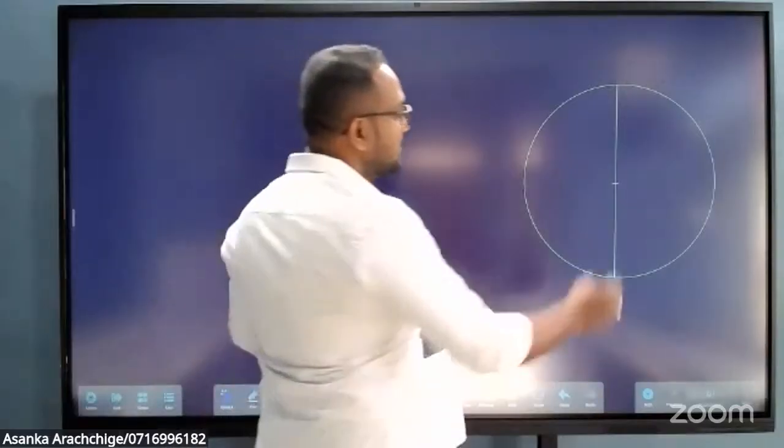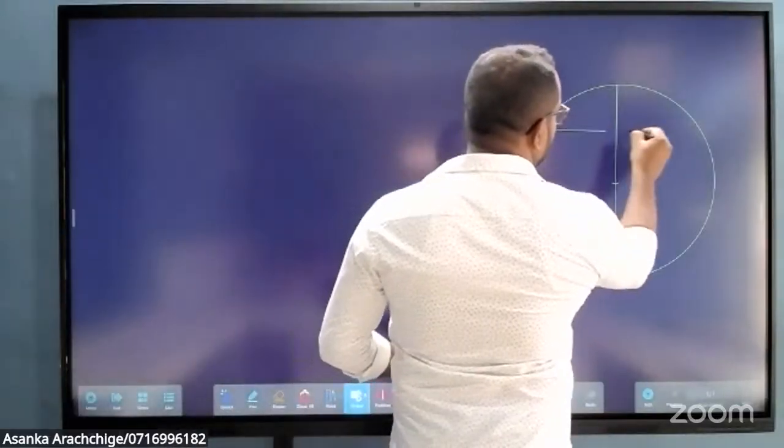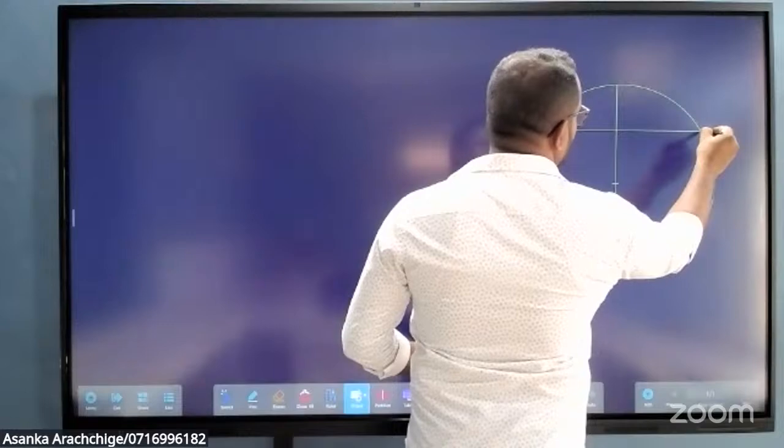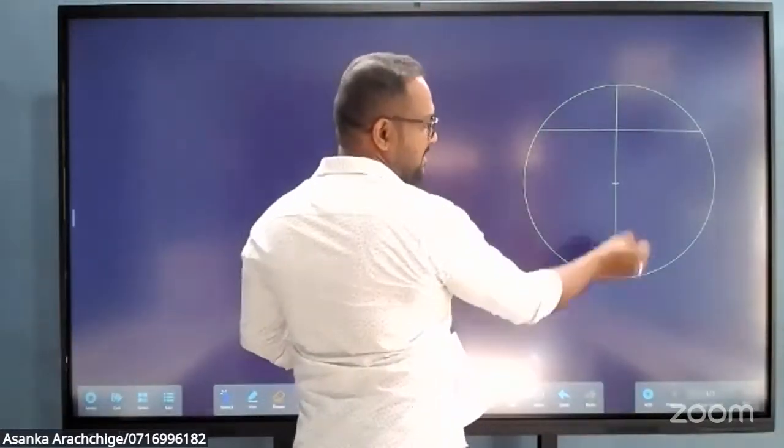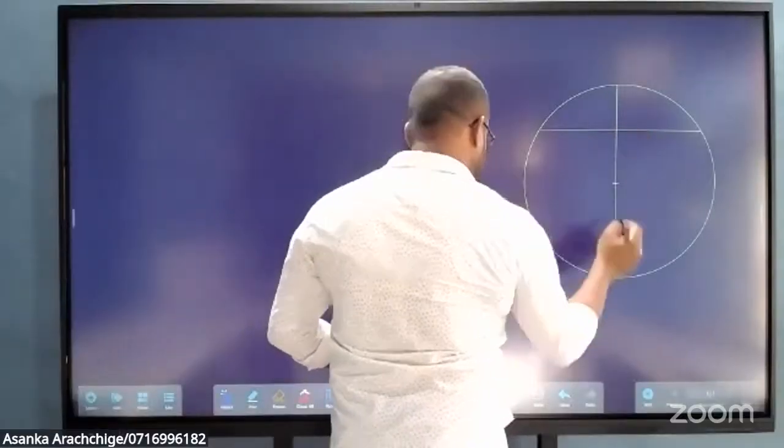Right. This is a chord. This chord is bisected by this diameter at X. Remember X, right?